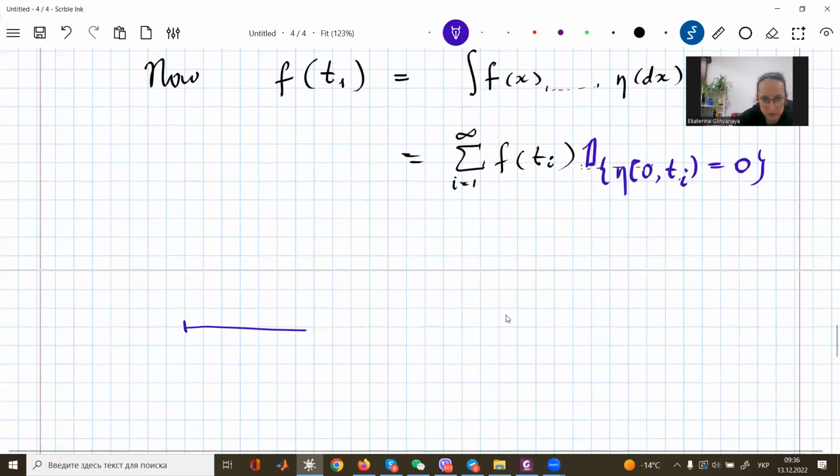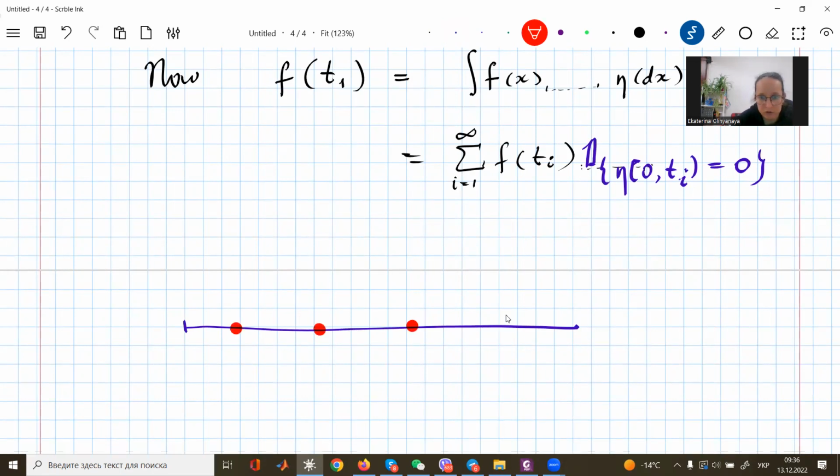Let me once more draw a picture. I have these random points, and we enumerate them t1, t2, and so on.